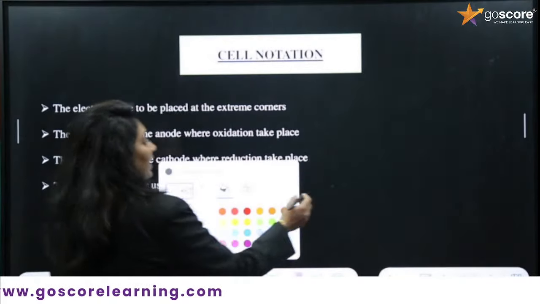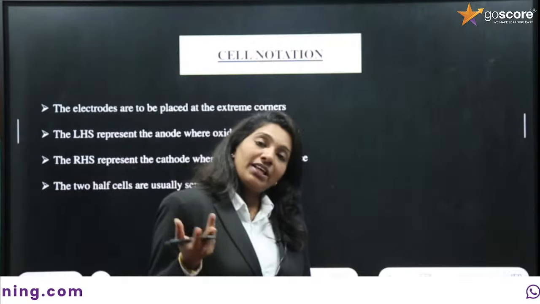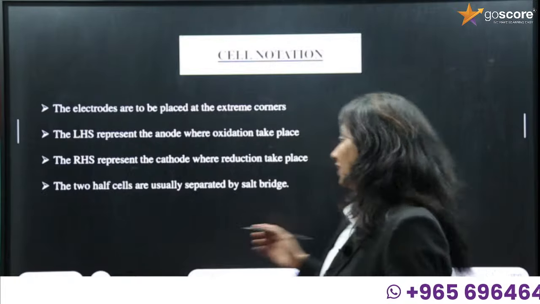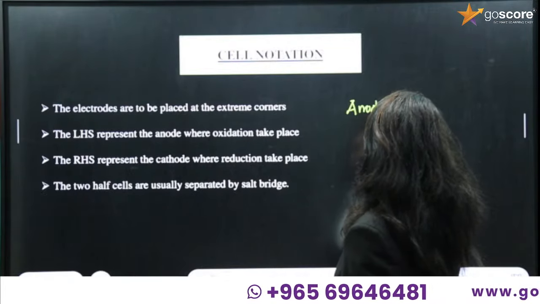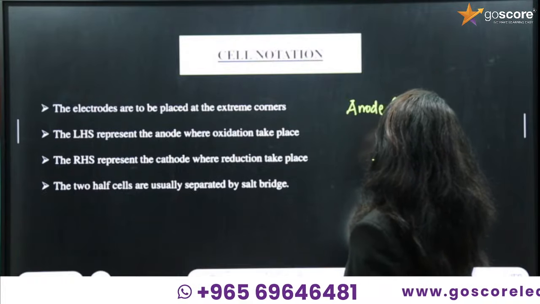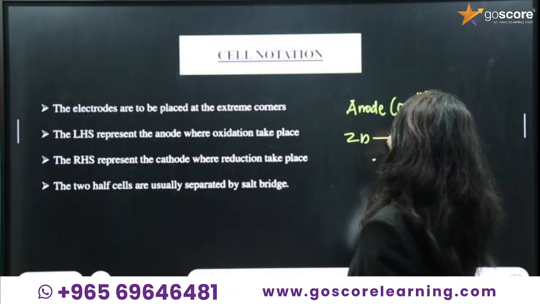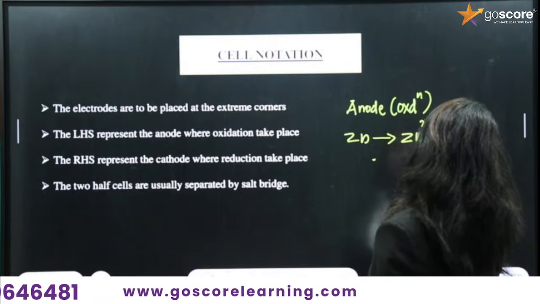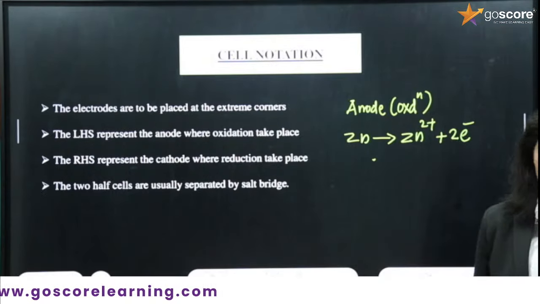In the galvanic cell, what we learned is that oxidation, the losing of electrons, occurs at the anode. At the anode, zinc undergoes oxidation, meaning loss of electrons. Zinc loses 2 electrons and is converted into Zn2 plus.